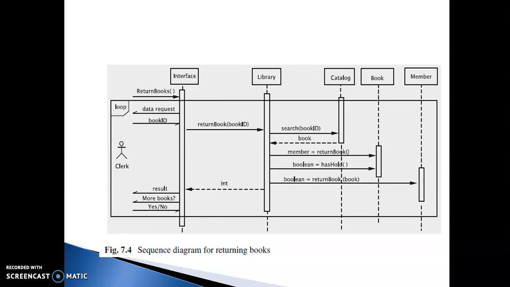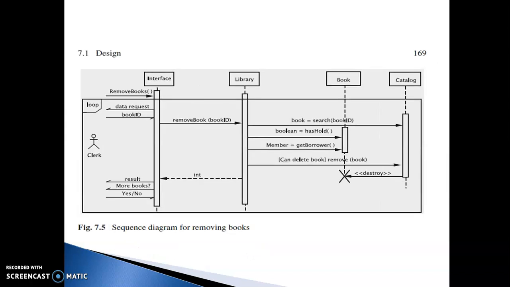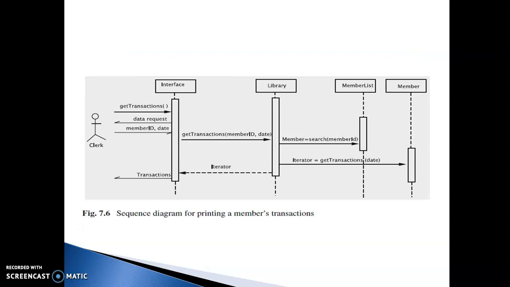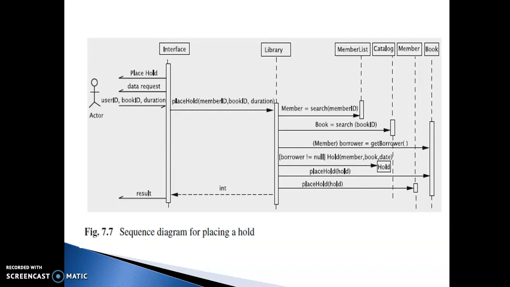Returning a book is nothing but whenever a person brings the book, at the time he wants to return that book to the library. For that, it is sequence diagram for removing books from the library. And sequence diagram for printing a member's transaction, whatever transactions he has done between the dates specified, so that has to be printed.